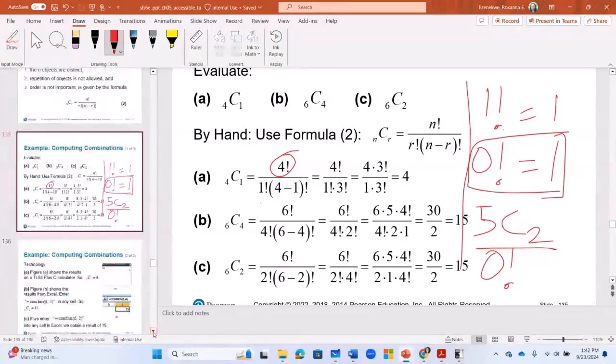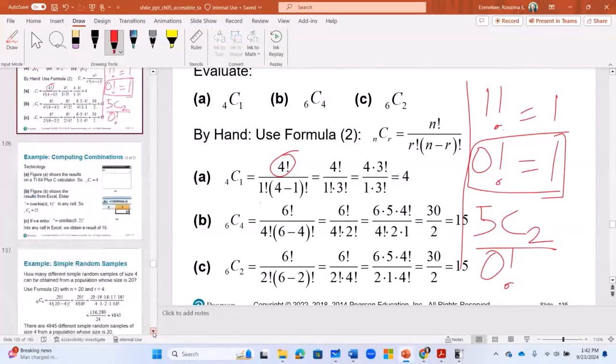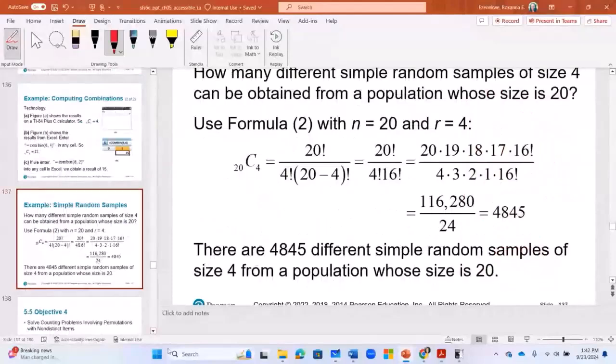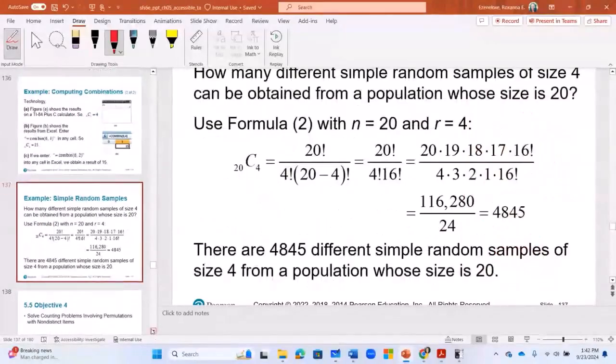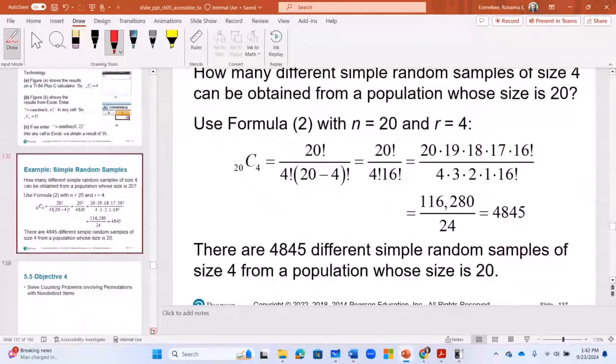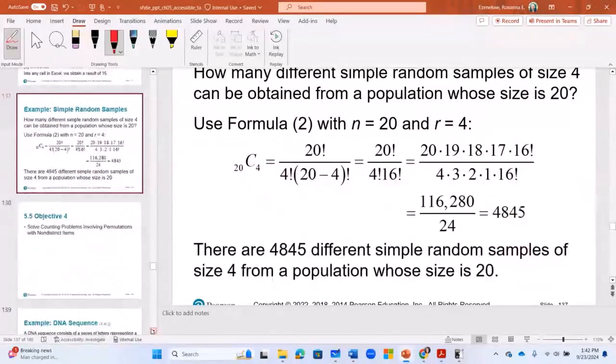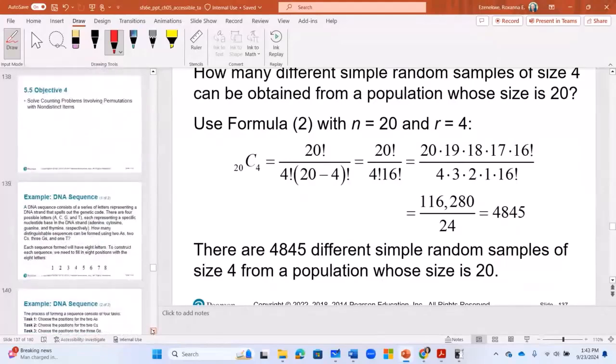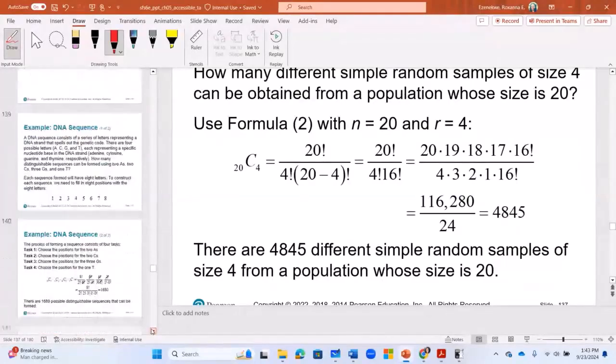So let's see a definition of permutation. You see that they did a whole lot of explanations for you. Please read this. Please read this. All right. So there are so many applications, DNA.